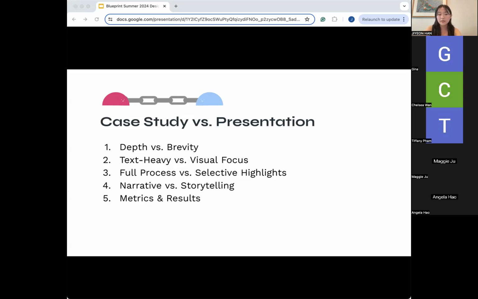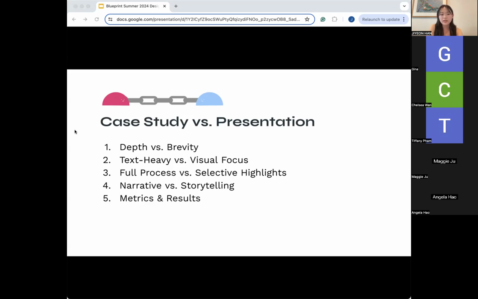And yeah, narrative versus storytelling. Like I mentioned earlier, I feel like both your case study and presentation can be storytelling style, but the case study does contain more information since whoever's looking through your portfolio has more time to understand each process and each section of your user research. So it definitely should contain more detailed narratives and more chronological order of what you've been working on.